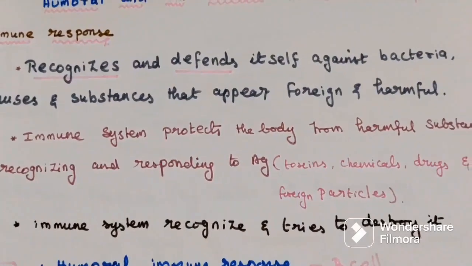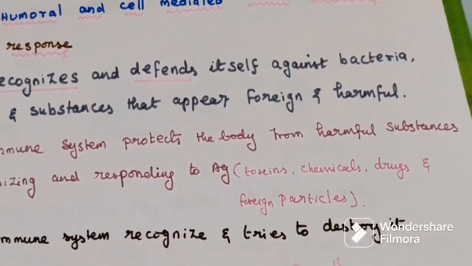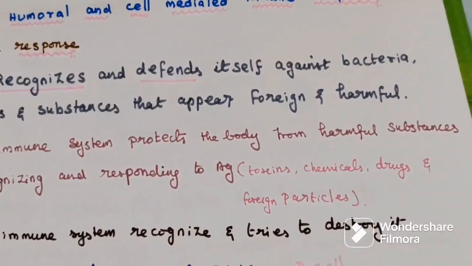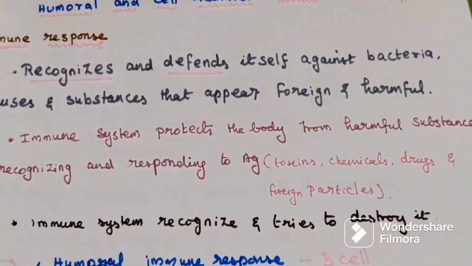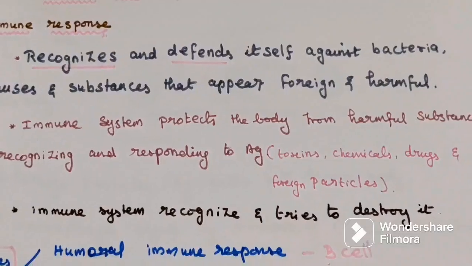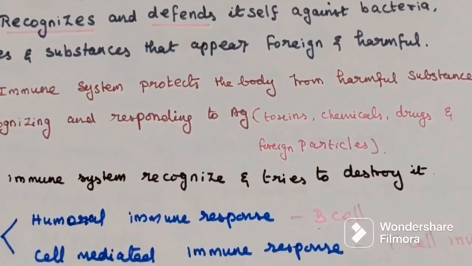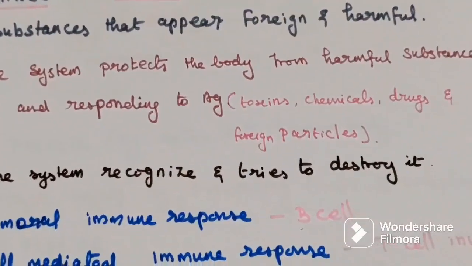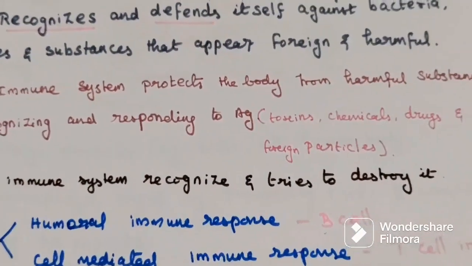Antigens are substances, usually protein, presented on the surface of cells. Viruses, fungi, and bacteria, and non-living substances like toxic chemicals, drugs, and foreign particles are also considered antigens.